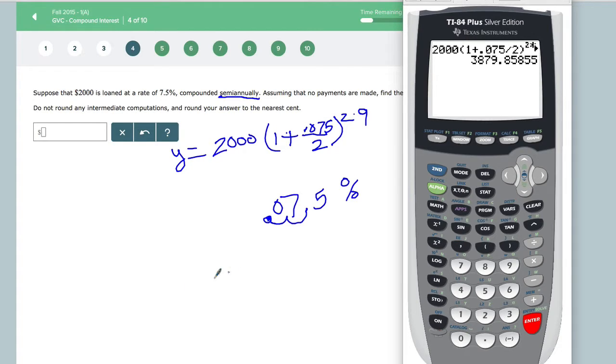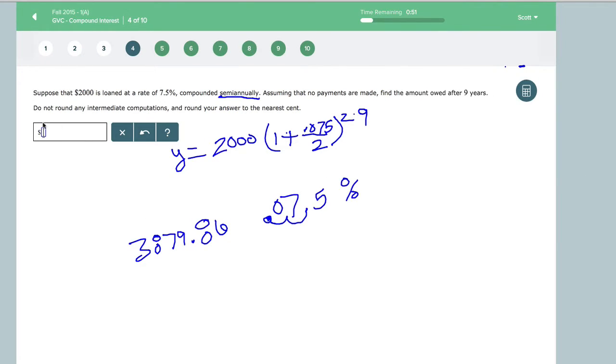And the final amount will be 3879 point, and again, we want cents, so we're looking here. This number tells us we're rounding up, so 0.86. And that's what number we can type in now, 3879.86, and we move on.